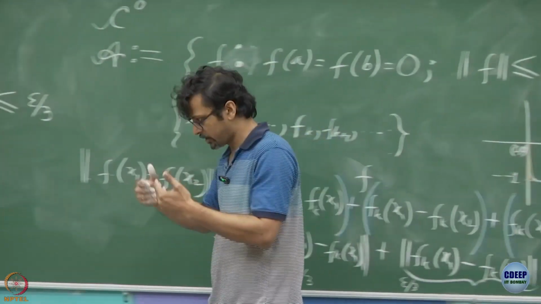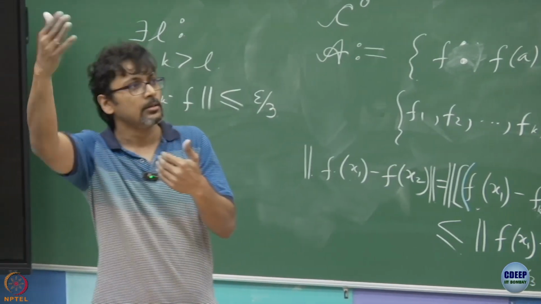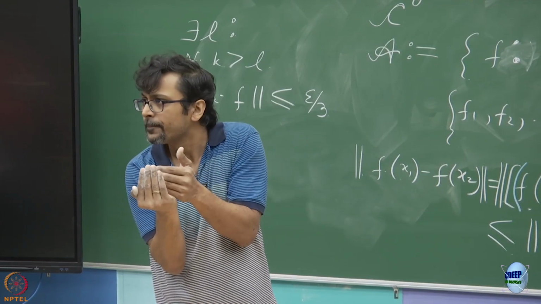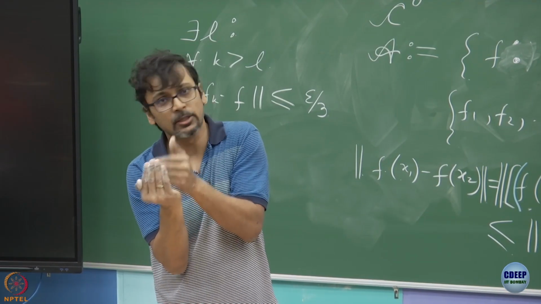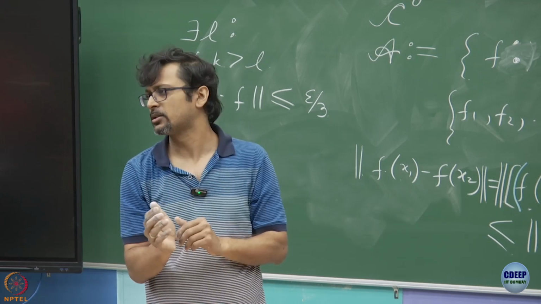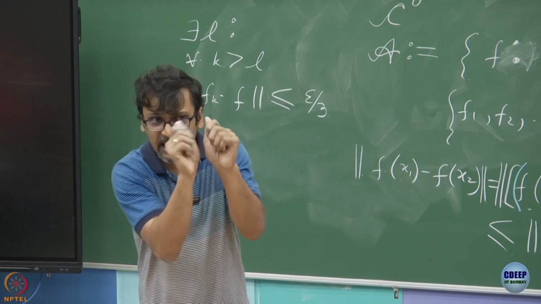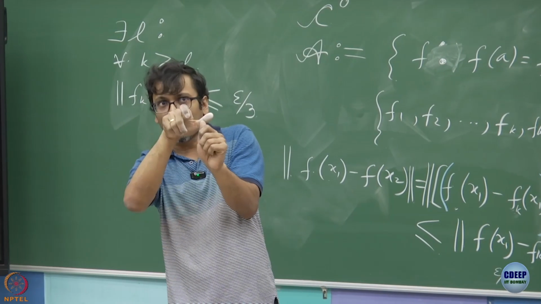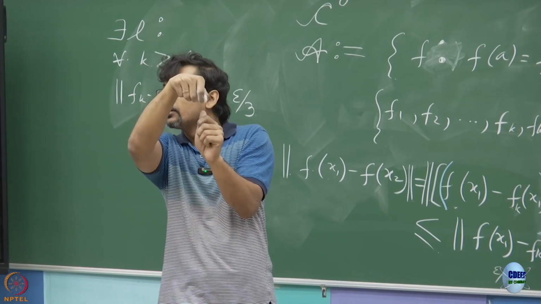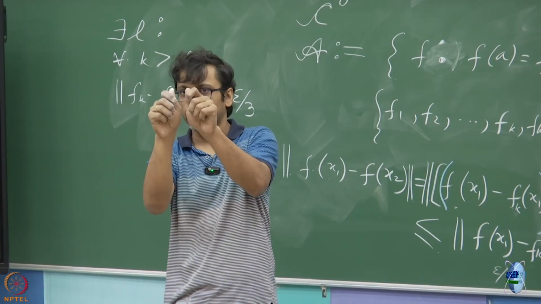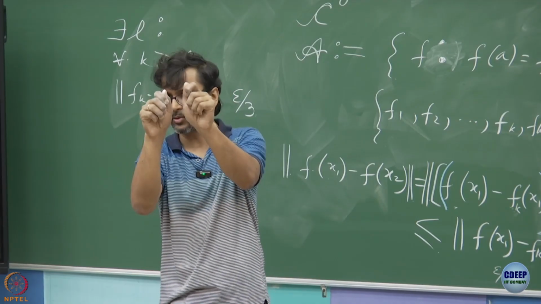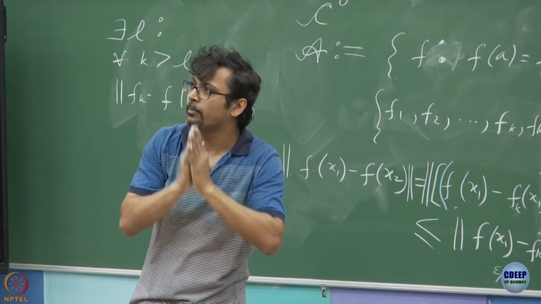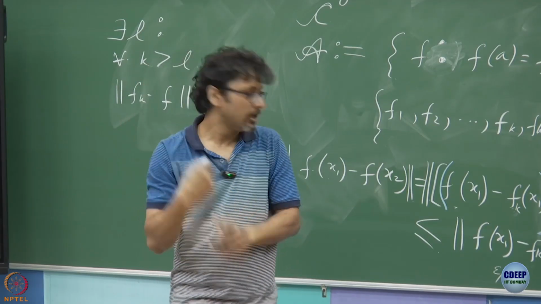First, find the candidates in that sequence which are closer to the limit point f than epsilon by 3. Pick out any one such fk, and with that fk, you search for the suitable delta such that the distance between fk evaluated at x1 and fk evaluated at x2 is smaller than epsilon by 3. Pick out that delta, invoke that delta here.